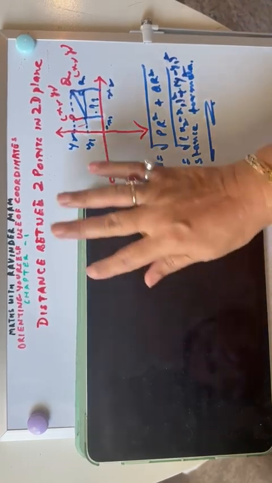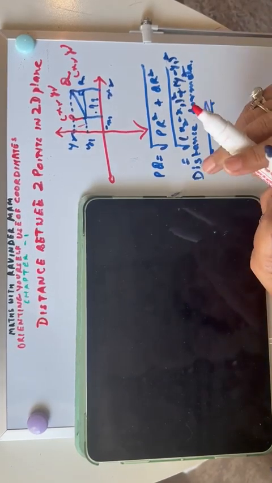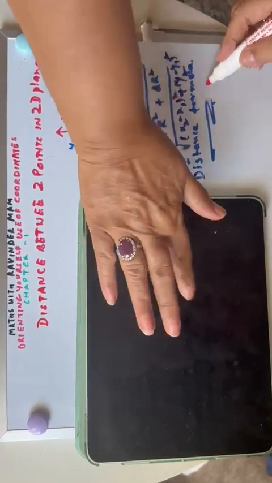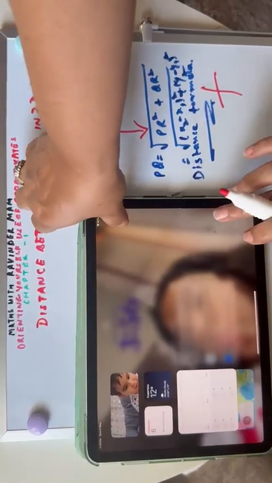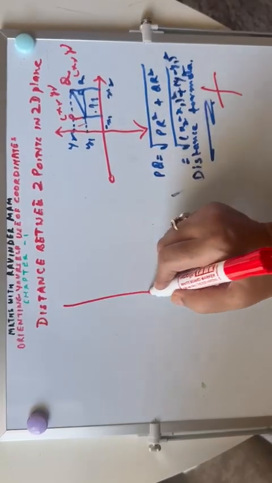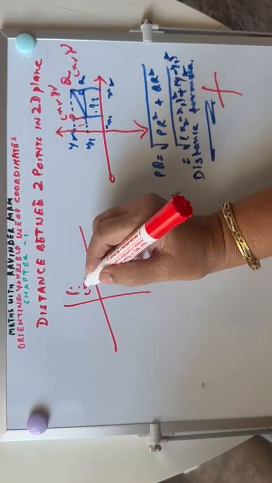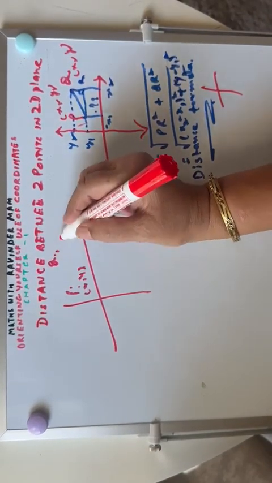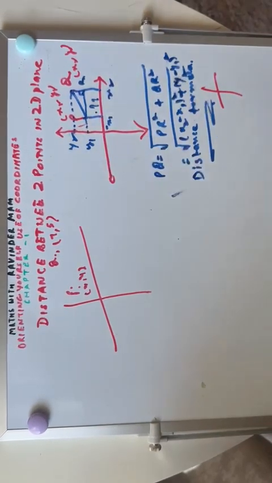Based on this, we will do one question given in the book. Suppose a plane is given to you, and any 2 points P (3, 4) and Q (7, 5) are given.